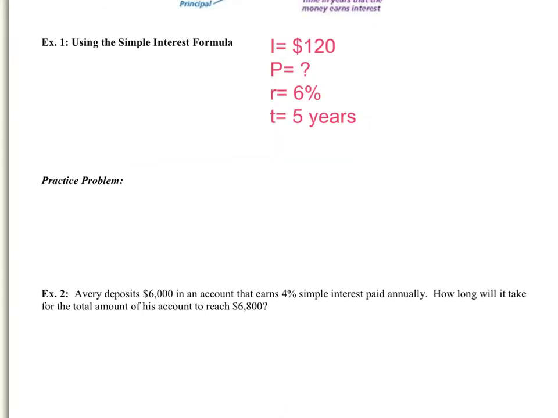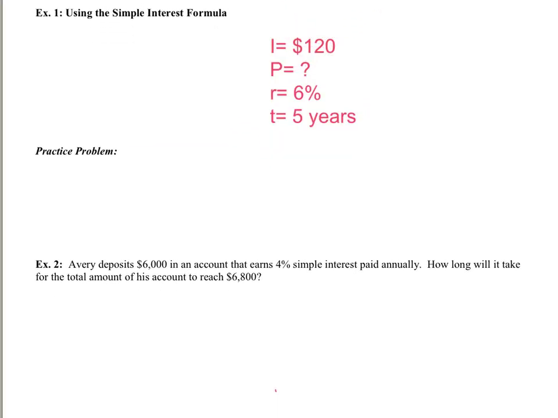For our second example, we are going to use the same formula, I equals PRT, but this time our interest is given and our principal is the unknown. So if my interest, I'm going to substitute that in for I, 120. My rate, remember we want to write our rate as a decimal.